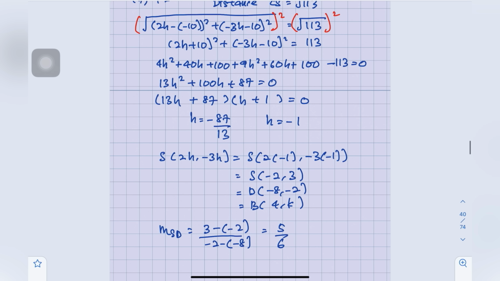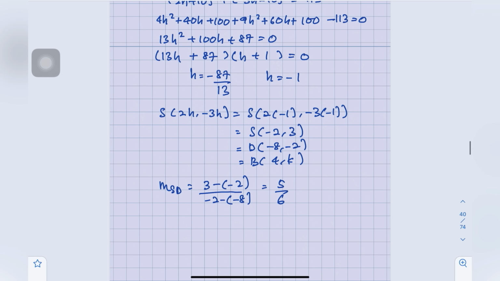Okay, so we try to find gradient BD. B and D: K minus negative 2 over 4 minus negative 8 equals 5 over 6.